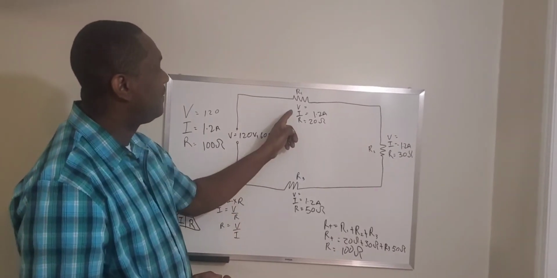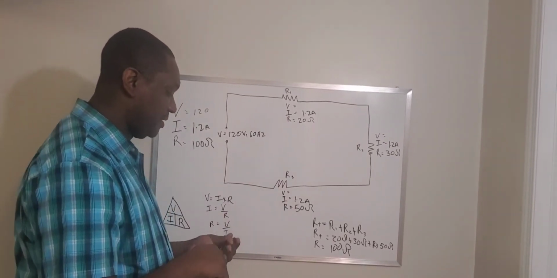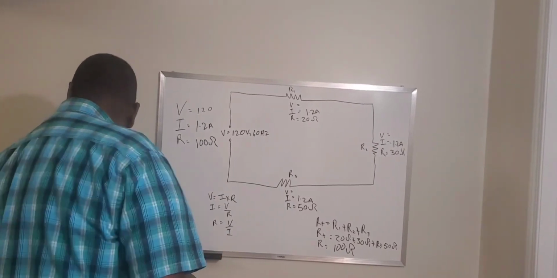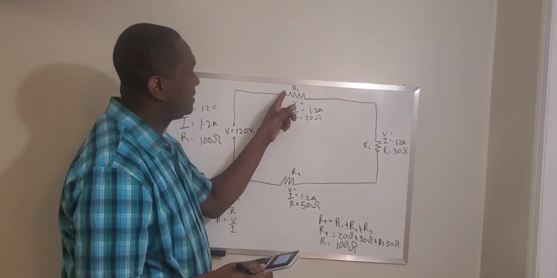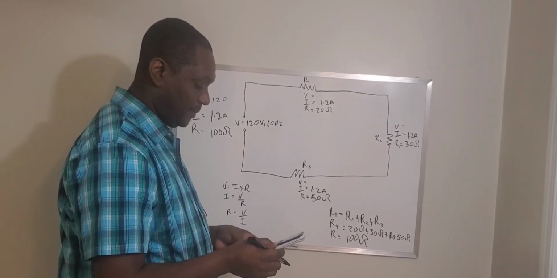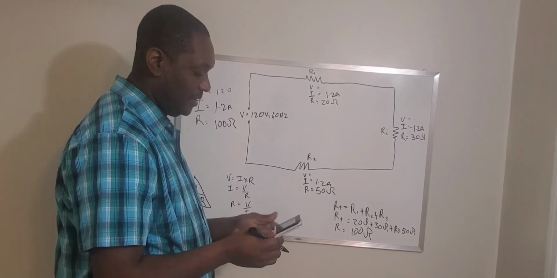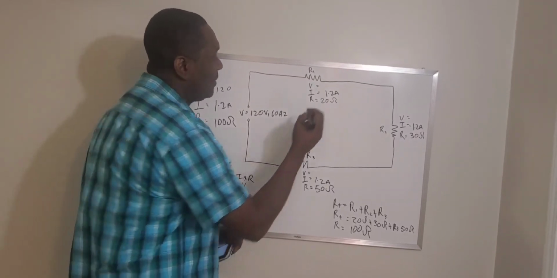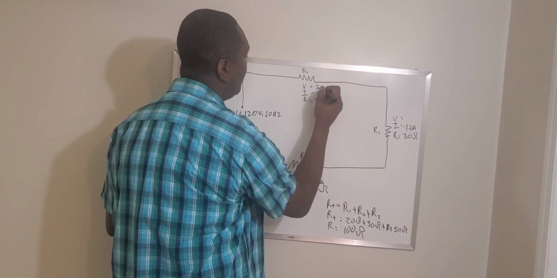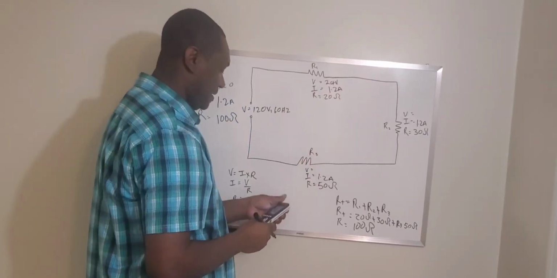Now I have current and resistance in each branch, so now I can find my voltage. For resistance 1 it's 1.2 multiplied by 20, equals 24 volts. So I have 24 volts across this resistance.